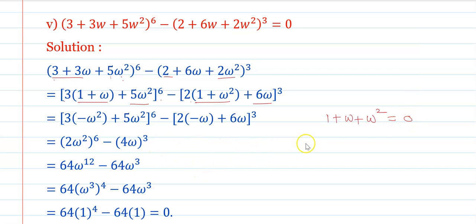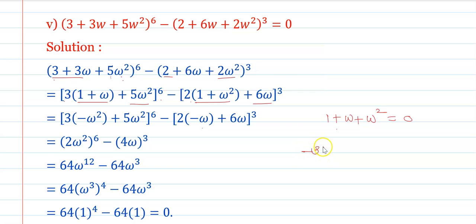Now again the value of [3(1 + ω) + 5ω²]⁶ minus [2(1 + ω²) + 6ω]³. 1 + ω² म्हणजे किती तर minus ω येणार, plus 6ω, bracket raised to 3. Okay. Next, minus ω, okay, minus ω² into 3, then you will get minus 3ω².